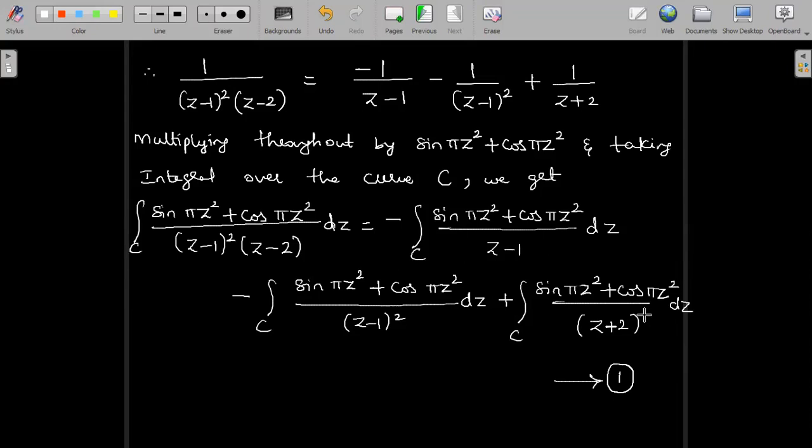Each one of these will be compared to that form. Of course, in each one of these, f of z is given by sine pi z square plus cos pi z square. For convenience, I can assume the integral in the left hand side as the integral I and call each of these integrals I1 plus I2 plus I3.